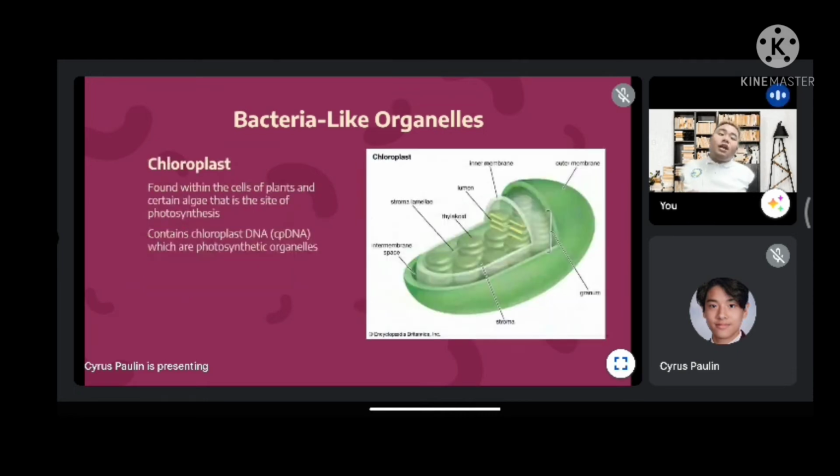The next bacteria-like organelle is the chloroplast, found within the cells of plants and certain algae, the site of photosynthesis. It contains chloroplast DNA, or cpDNA, and is a photosynthetic organelle. So just like the mitochondria, it also has its own DNA.